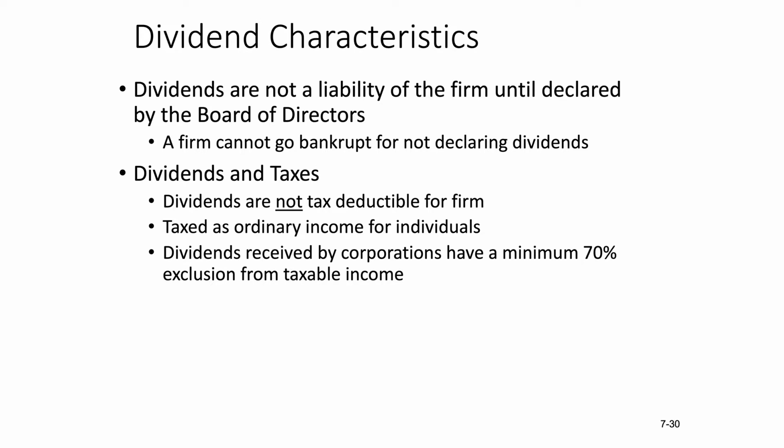Therefore, a company cannot go bankrupt for not declaring dividends. So there is no obligation. But the most common practice is, if you pay dividend, you keep on paying it. If you reduce dividend, usually the company's stock will suffer. All right.